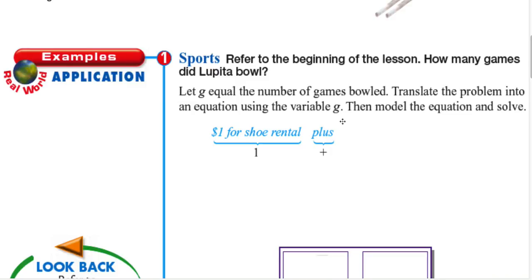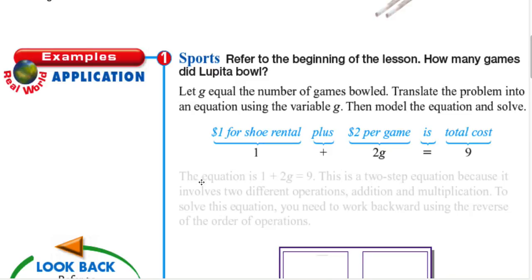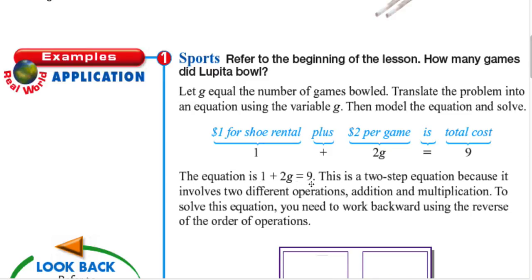So if we multiply 2 by G, we get the cost of $2 per game, is equal to the amount you spent, which is $9. So we now have the equation 1 plus 2G is equal to 9.